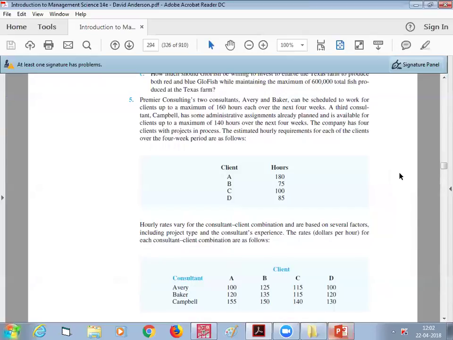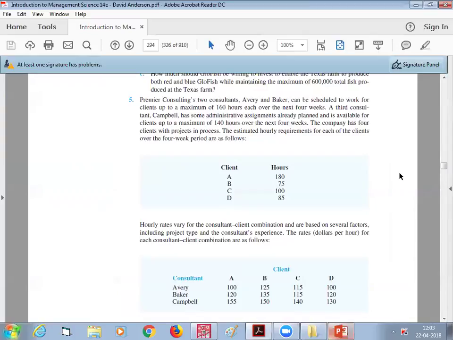A third consultant, Campbell, has some administrative assignments already planned and is available for clients up to 140 hours for the next 4 weeks. The company has 4 clients with projects in progress. Estimated hourly requirements are client A 180, client B 75, client C 100, and client D 85.